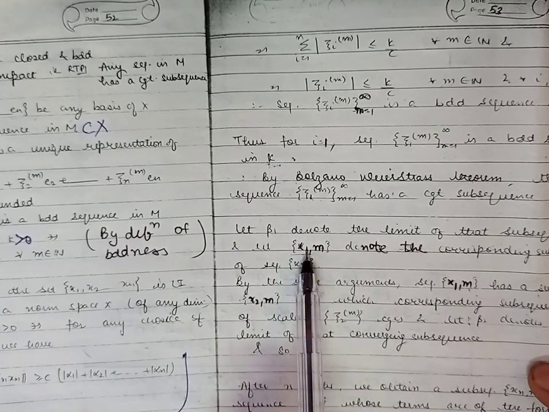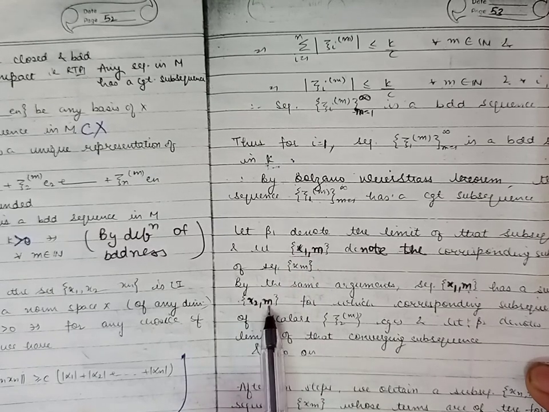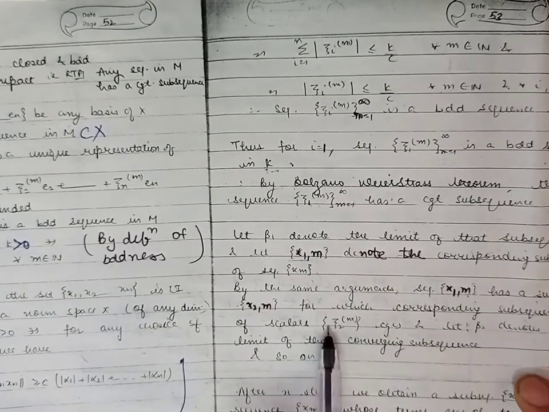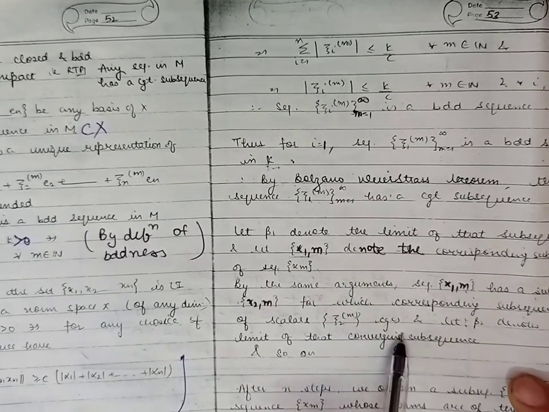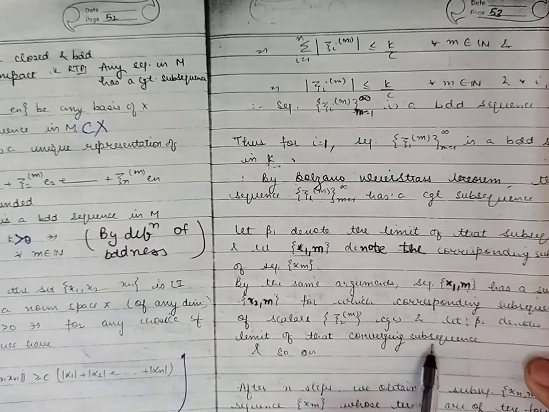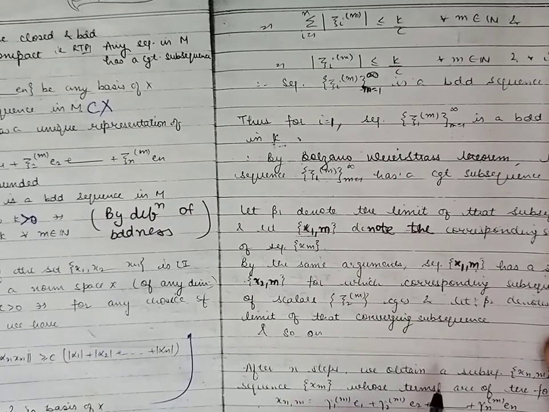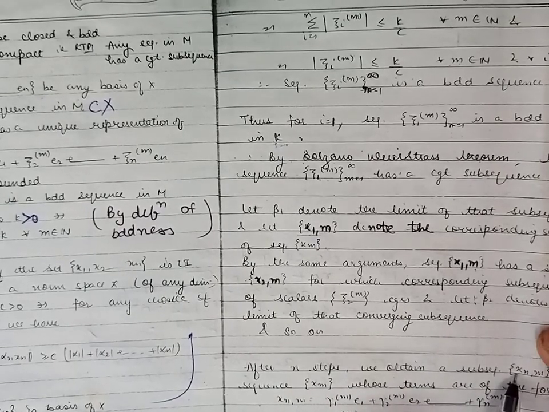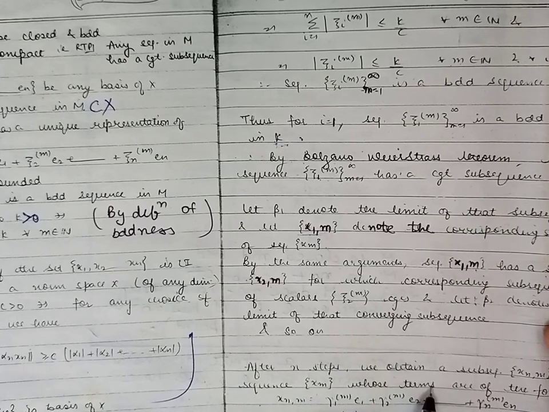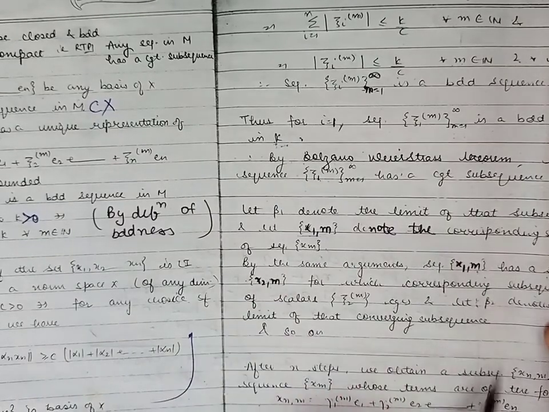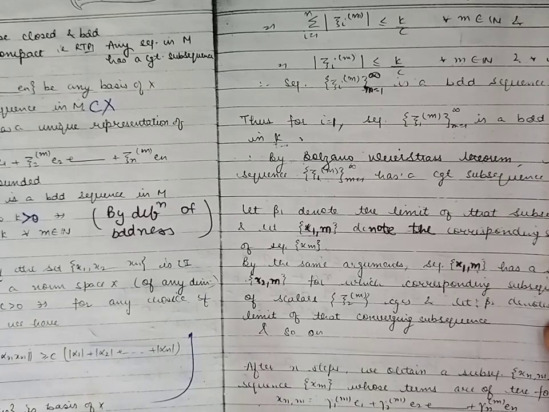This will again have a subsequence x2m for which the corresponding sequence of scalars xi_2m is convergent, and let us take beta 2 to be the limit of that converging subsequence. We can continue in this way, and after n steps we get a subsequence xnm of the sequence xm whose elements are linear combinations of the vectors e1, e2, e3 up to en. All this process we have already discussed in the linear combinations lemma.